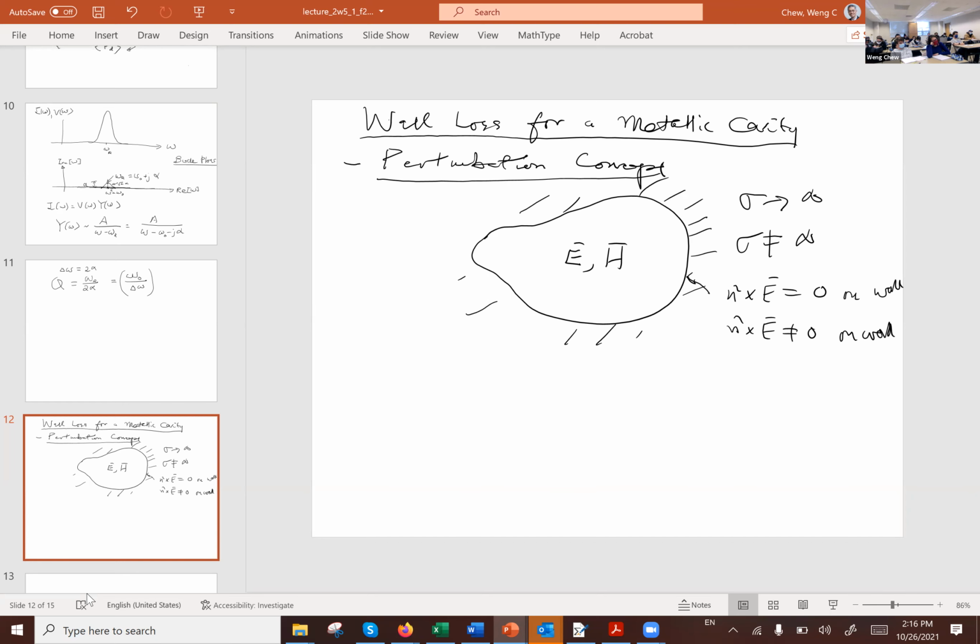So one of the things that we need to calculate the Q is to find the power dissipation. The power dissipation can be found by using this formula.